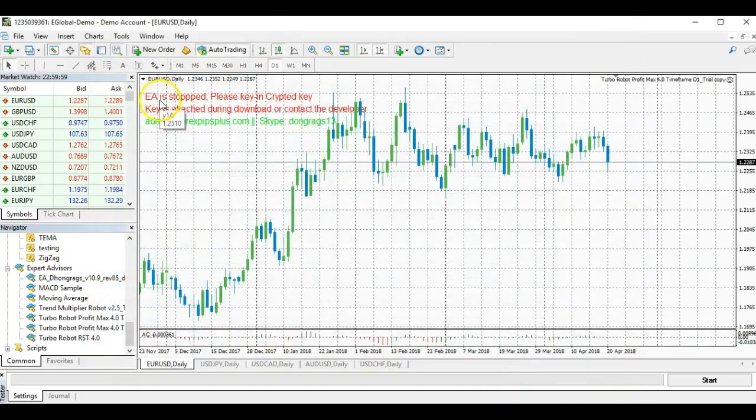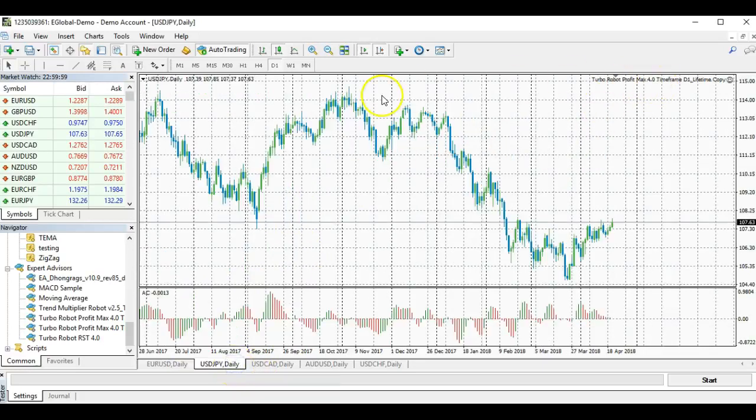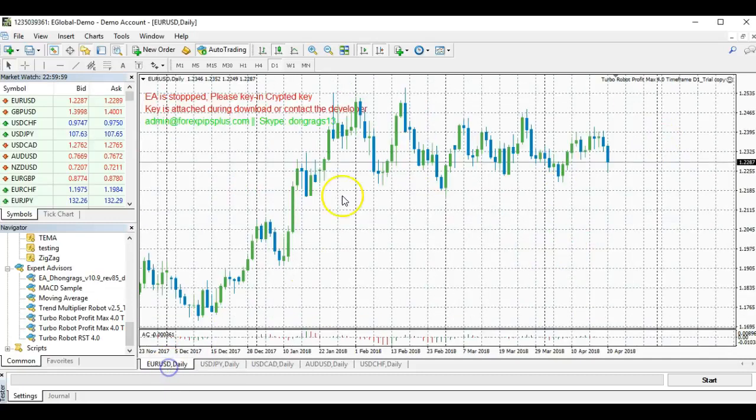So let's say if you see this on the trial version, EA stop, please key in the encrypted key. So make sure you key in the encrypted key that we're providing to you during your download. All right, if you have already bought the copy, this is the normal one, right? The trial copy will not open the trade unless you add in the encrypted key.